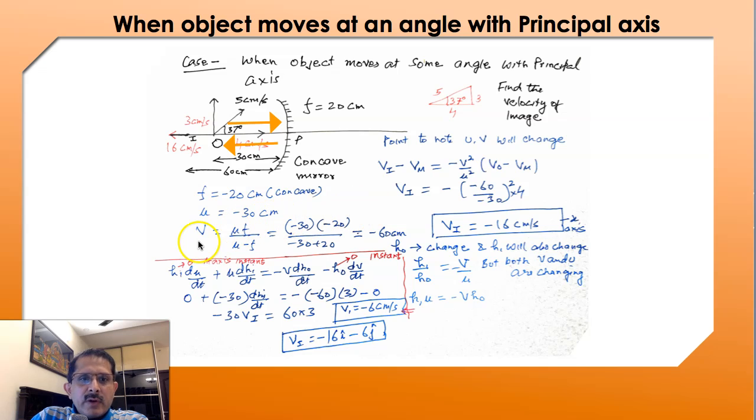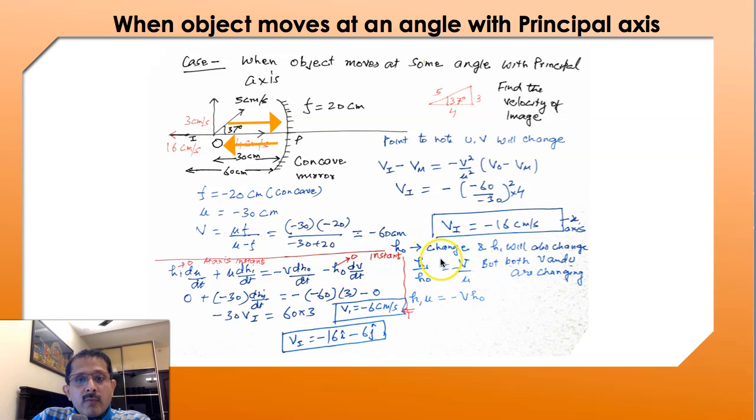The first thing is, we will quickly find F using the UV formula. Then I will use, for horizontal, the formula which we derived earlier. We'll just put the values and we will get, for the horizontal component, that the velocity of the image would be minus 16 centimeter per second.